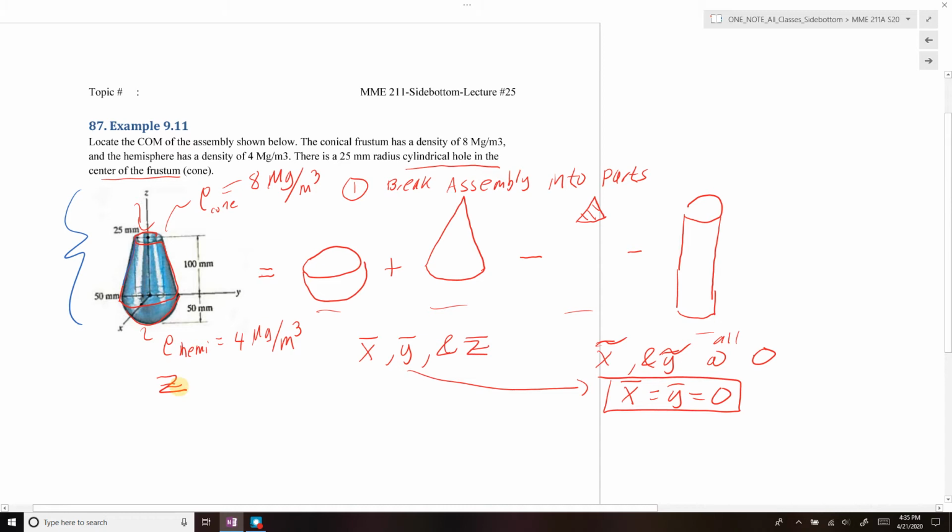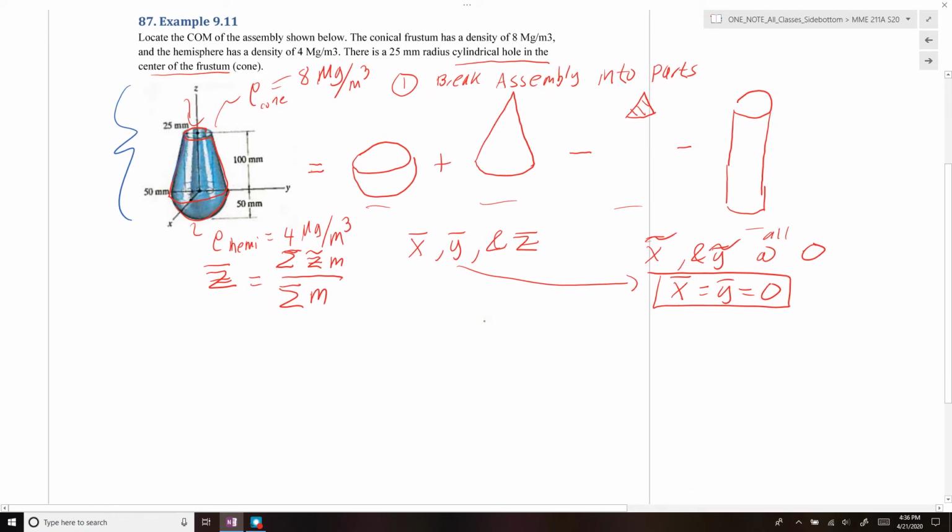We can solve for z bar: z bar is equal to the sum of the centroids of our individual components times the mass of each component, divided by the total mass.